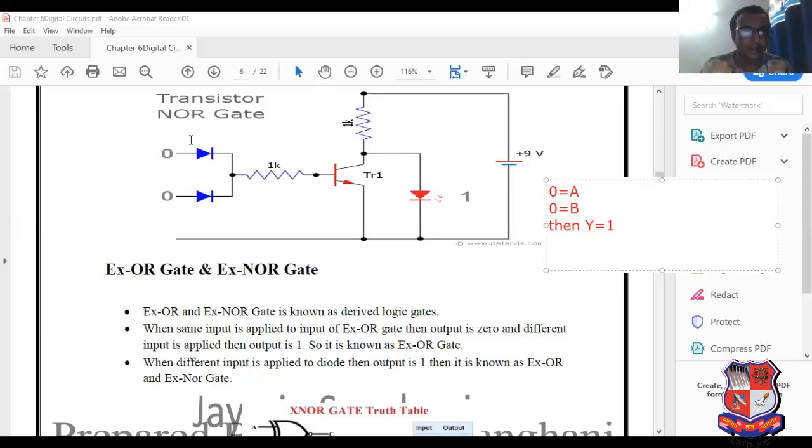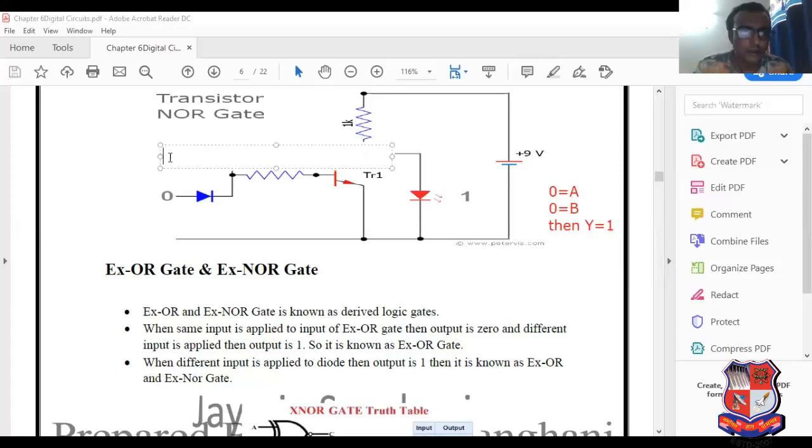Now describe the second case. If we apply one input here, and here also we apply one input, then obviously the diode is turned on. So here also we get 1 volt, but with 1 volt at the base terminal, the voltage here is 0. Why?